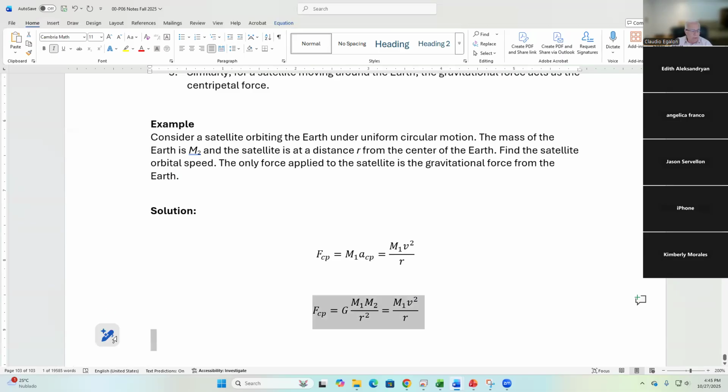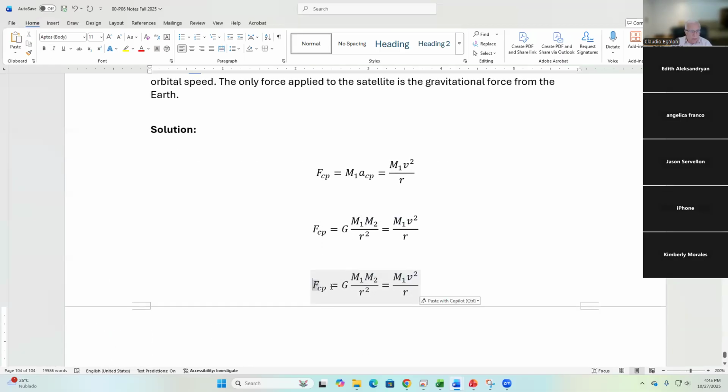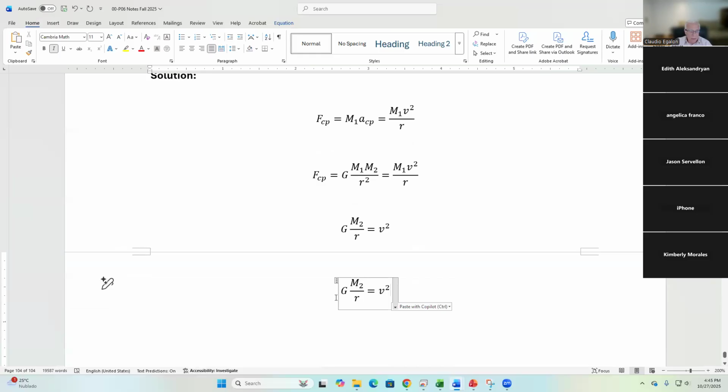Now we have this equation in which M1 cancels out with M1, and one of the R's is going to cancel out with the other R here on the right side. Right? And then we get this relationship. And we finally have that the velocity of the satellite is going to be equal to this square root right in here.